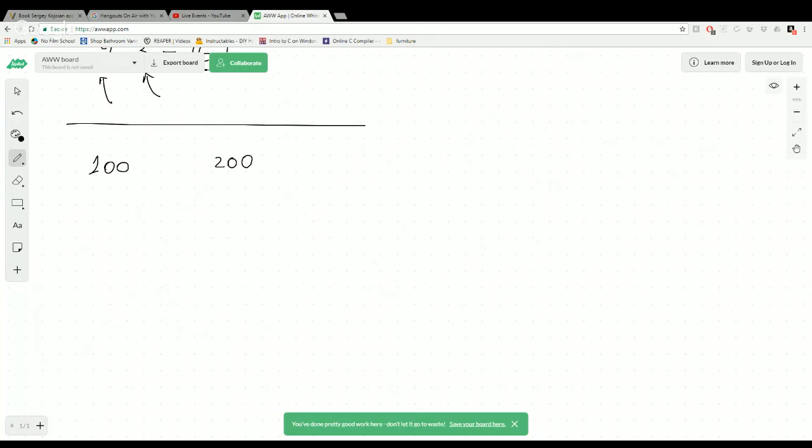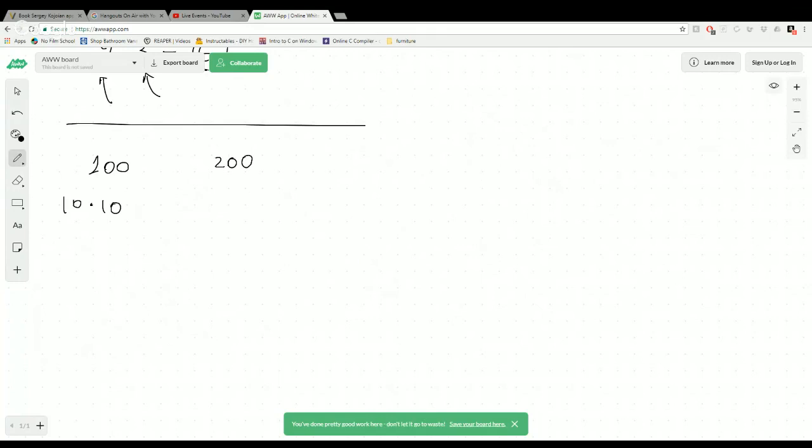100 is a perfect square. It's 10 times 10. Now, how do I start from 100 and find all the perfect squares? You could approach this directly, and you could say, is 101 a perfect square? Is 102 a perfect square? 103, etc. But what we'll do is this.